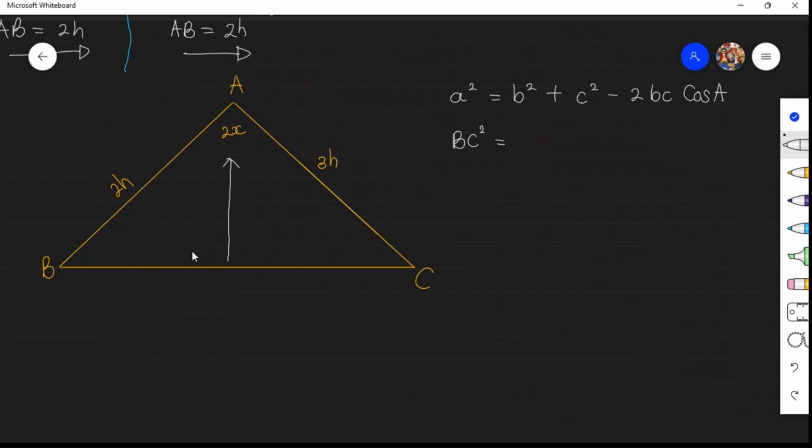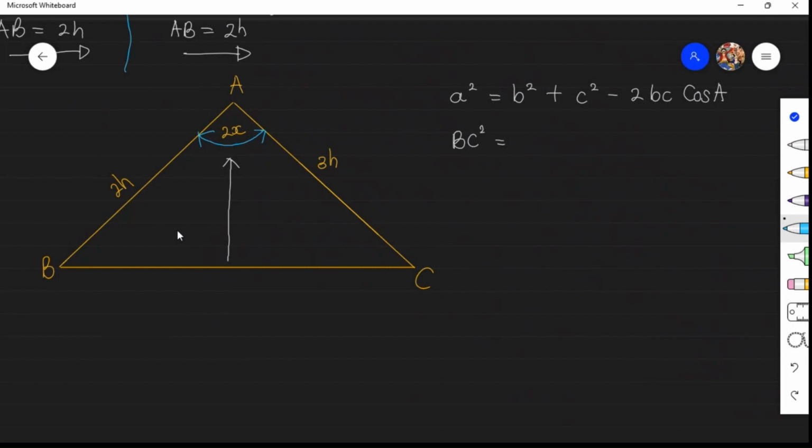Now in order to find b and c, which are the sides adjacent to our angle 2x, all we need to do is draw an arc at the angle, put in the arrows, and whatever the arrows are pointing to, those are the sides that we are going to use. So our arrows are pointing at AC and AB. So those are the sides that we are going to use in place of b and c in our formula.